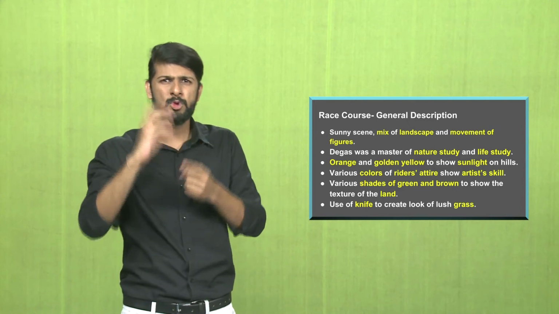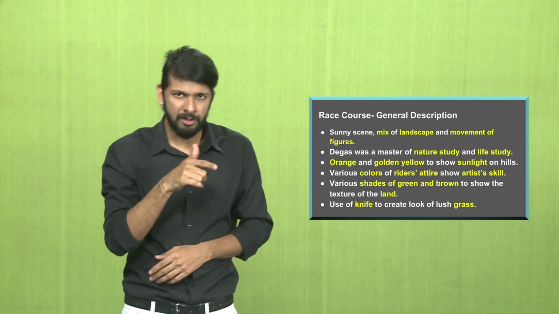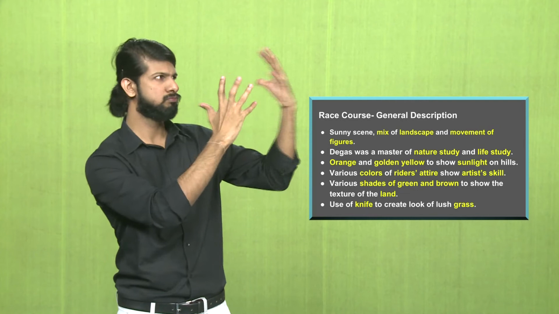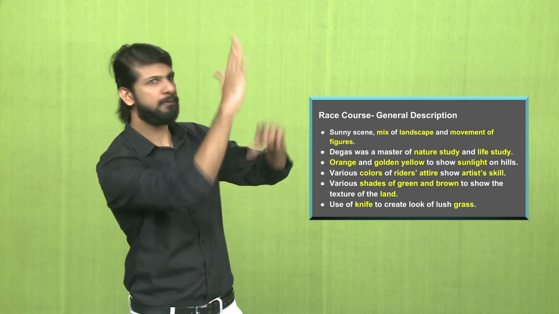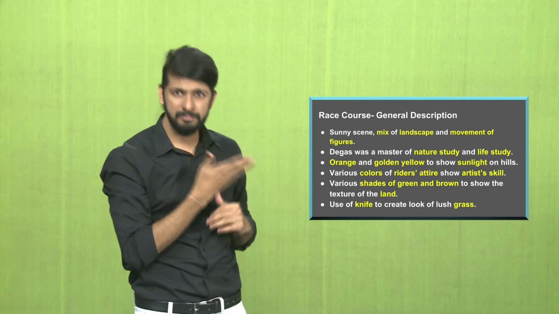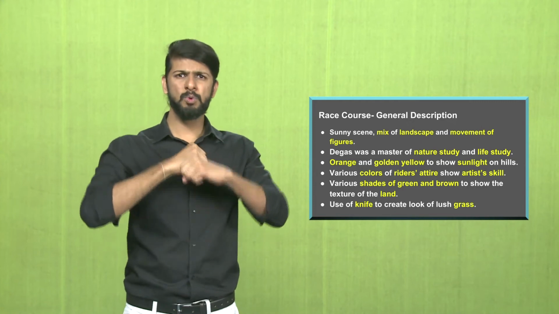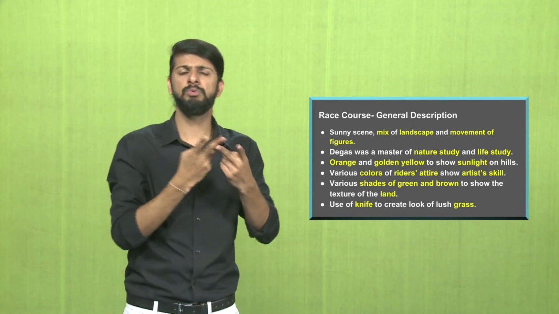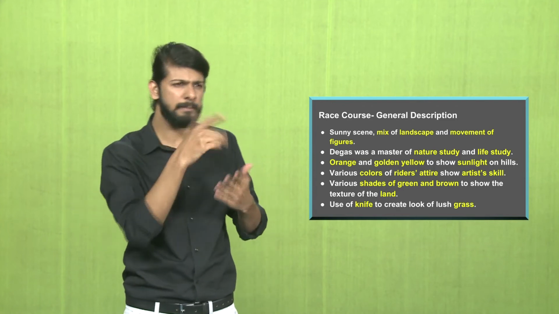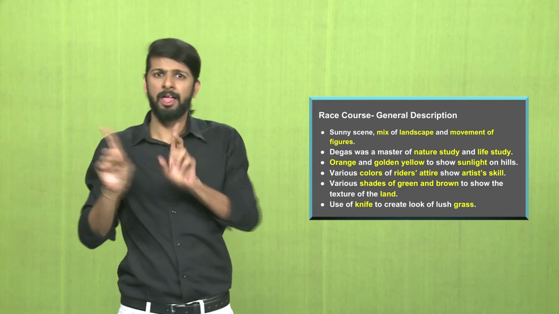Orange and golden yellow is used to show sunlight. On the hills you can see how orange and golden yellow have been used to show the sunlight. You would also see that there are various riders in this painting and every one of them is wearing an attire in various colors, which shows the artist's skill.